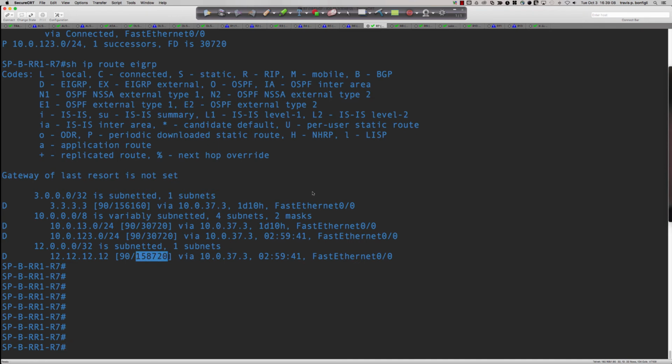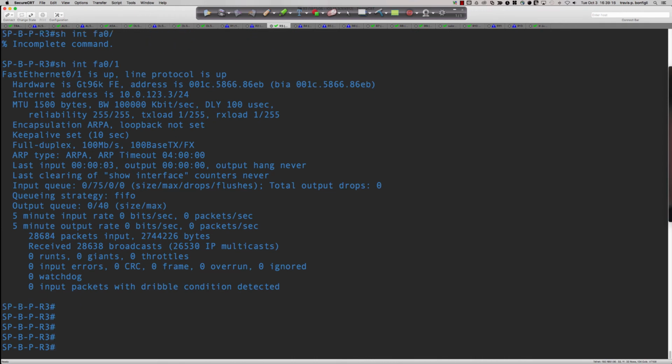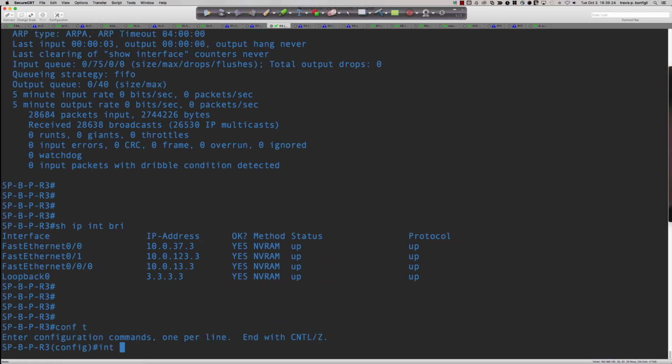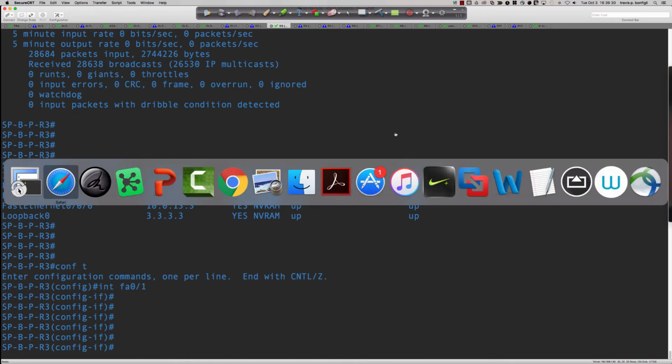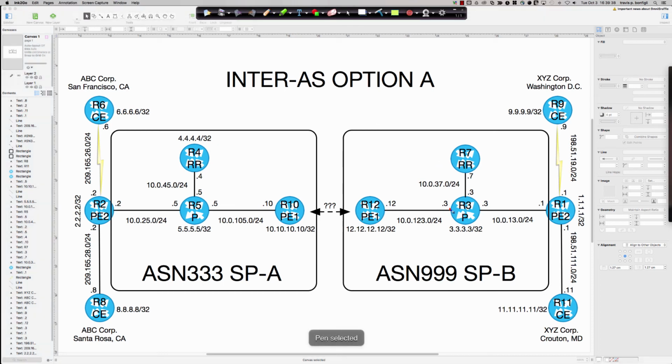And now I'm getting ready to give you the red pill, because now I'm going to show you. If I were to go into, and let's see, show ip, I think it's FastEthernet 0/1, and it is. So if I go into global config and down into interface FastEthernet 0/1, and remember, this is the outgoing interface, so we're going to manipulate the delay on this interface right here on router 3. Because that is the outgoing interface through which router 7 has to go to get to that loopback address.